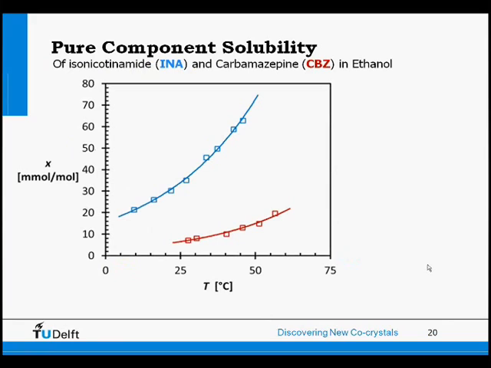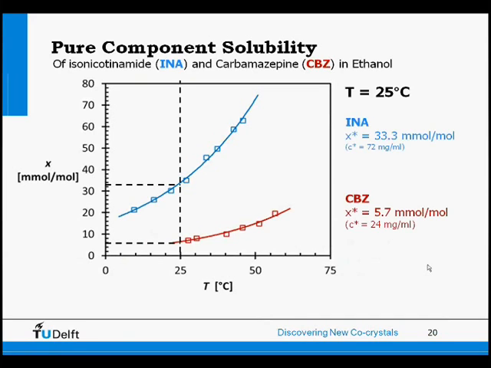So here again is the mole fraction against the temperature in degrees Celsius. The blue line is isonicotinamide, and the red line is the solubility line of carbamazepine. You directly see that the solubilities are quite different. The isonicotinamide solubility is at least 6 times higher than the carbamazepine solubility.